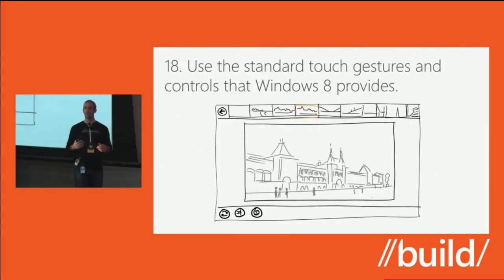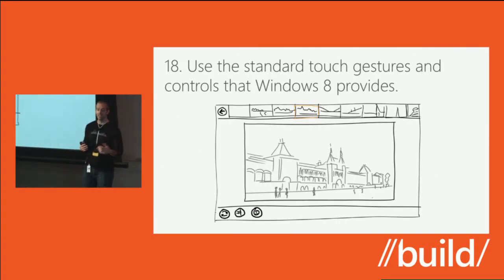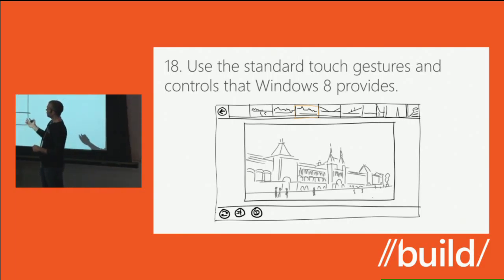But when you use the standard controls, this looks pretty much like the stuff I showed you on the screen. We got all of that for free. We just used XAML and controls and put it all together, and we got all the touch stuff for free. The tooltip was the one thing we noticed. But we got all the scrolling and panning with our hand versus the mouse versus the keyboard.